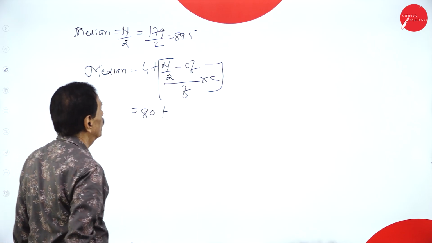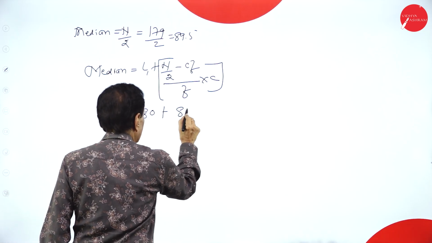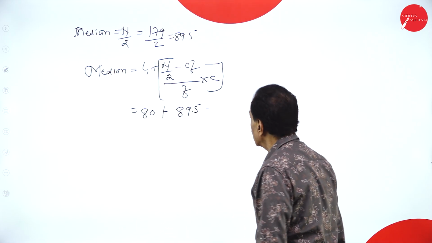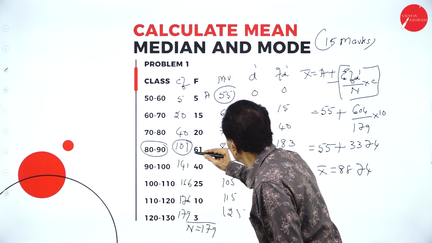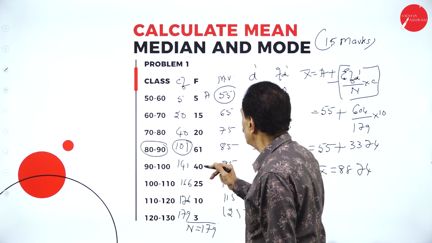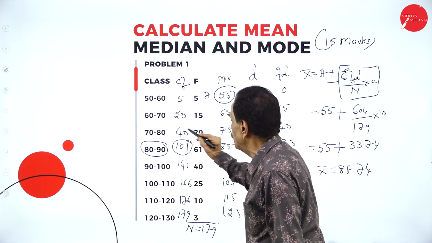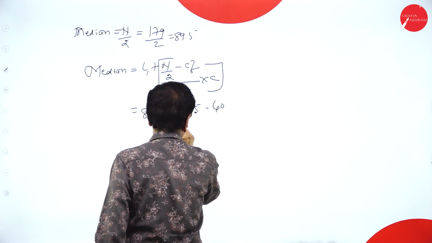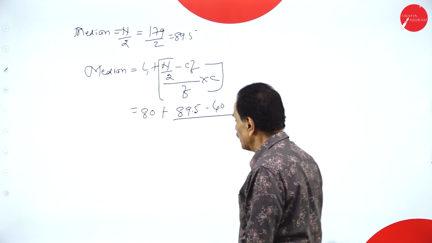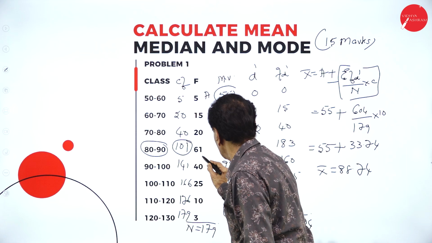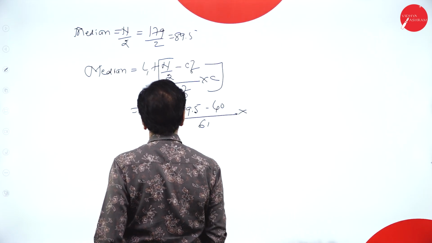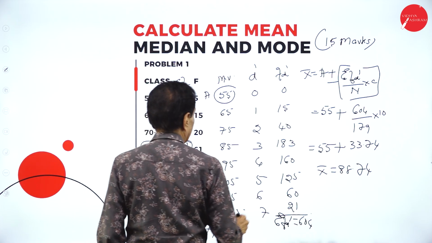What is your n by 2? 89.5 minus the CF behind the selected class, which is 40, divided by the frequency of that group, 61, into your class interval, 10.